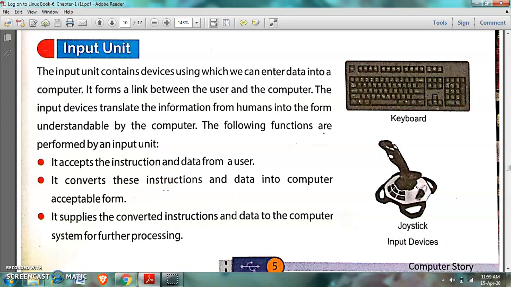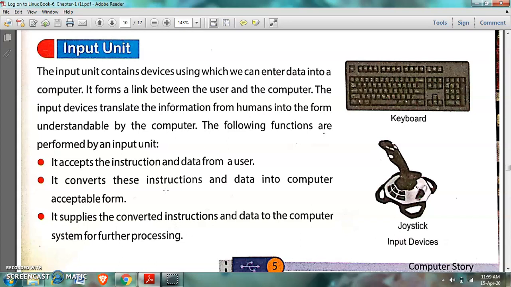See, I told you that computer can understand only binary digits. Simple English which you speak or which you enter is not read by the computer, not understood by the computer. So here the conversion is very, very important. So who converts your language into machine language, that computer language?